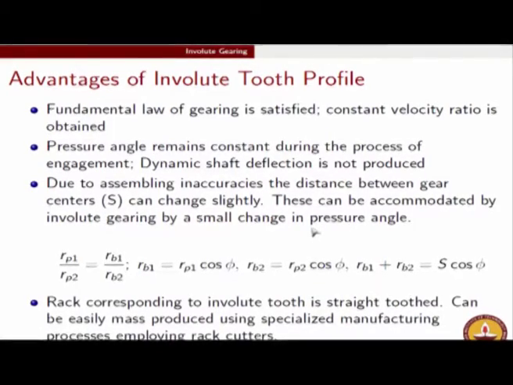From the perspective of manufacturing, it may seem that making a gear out of involute teeth will be more specialized and more demanding, but actually this is not true. As again I will probably be able to derive, one way of manufacturing gears is through a rack cutter.